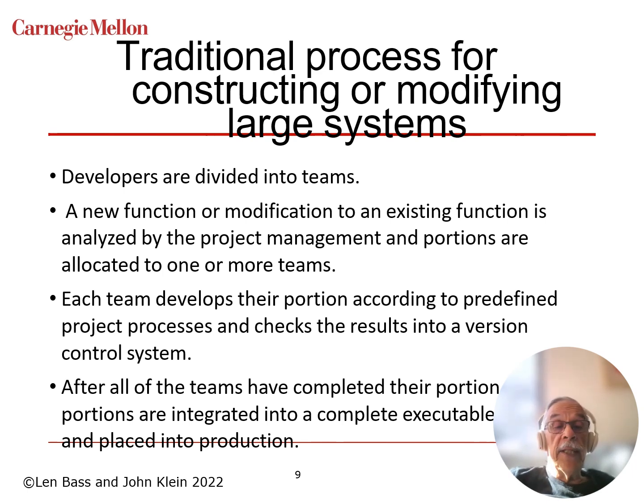It's analyzed by the project management, and portions are allocated to one or more teams. Each team develops a portion according to their predefined processes and checks the results into a version control system. After all the teams have completed their portion, the portions are integrated and a complete executable is placed into production. That's a traditional process.